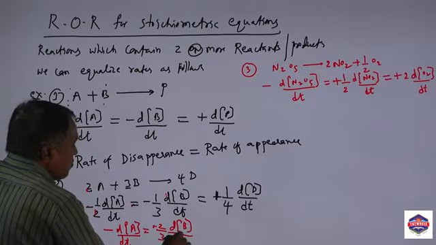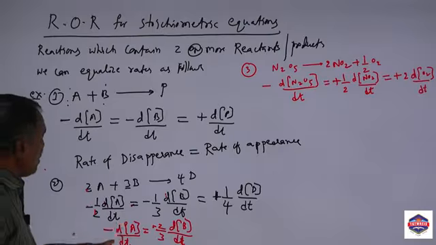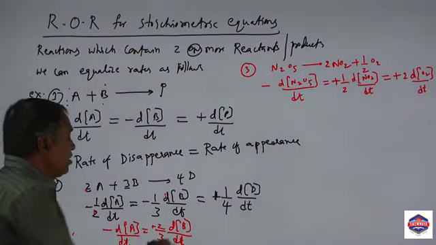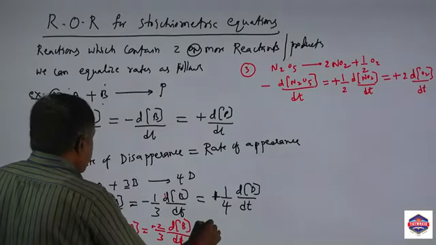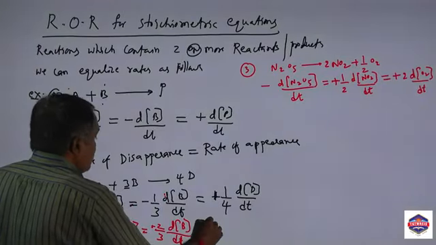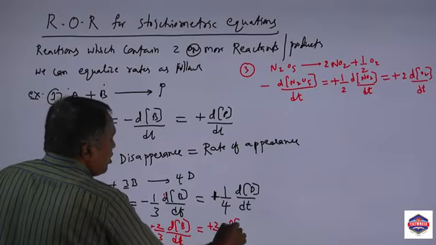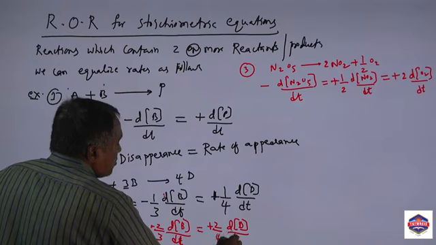In this way, we can write minus dA by dt is equal to minus 2 by 3 into dB by dt, or it is equal to plus 2 by 4 dD by dt, also correct.